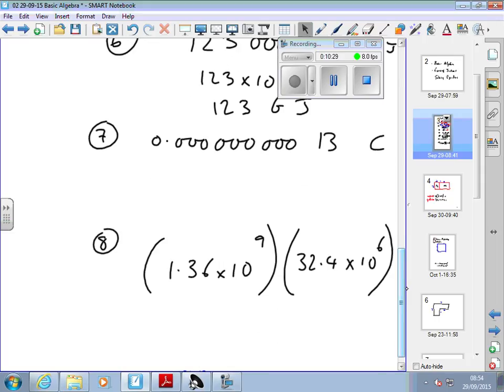Similarly for this one, I can go in threes. 1, 2, 3, 4, 5, 6, 7, 8, 9. So I could call it 0.13 times 10 to the minus 9, or 130, putting a 0 there, times 10 to the minus 12.